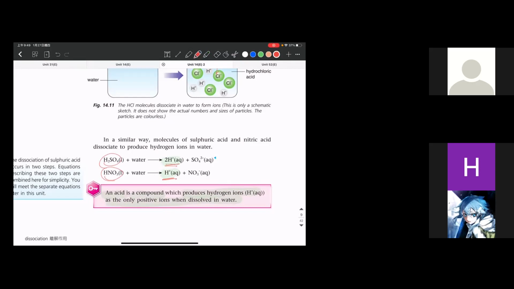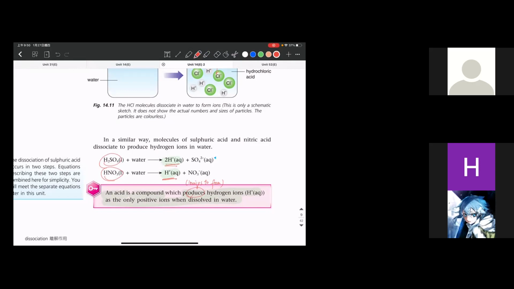While the term produces, we call that ionization. So it ionizes to form hydrogen ions. So could you please change the wording a little bit?